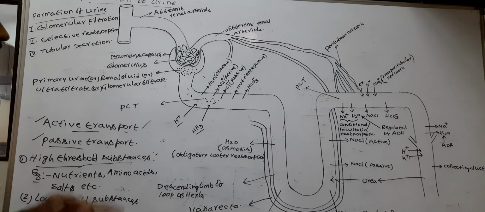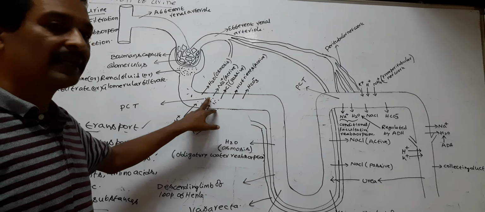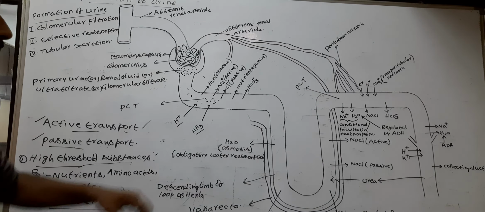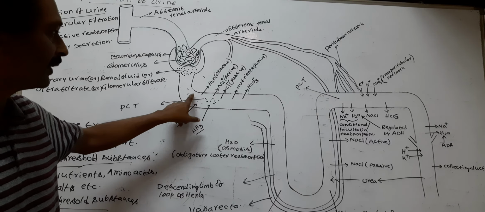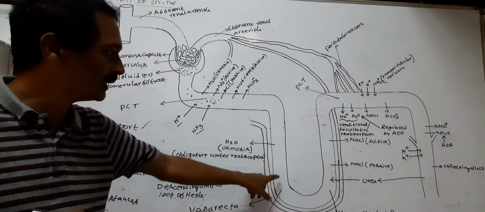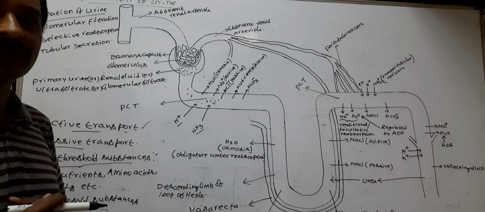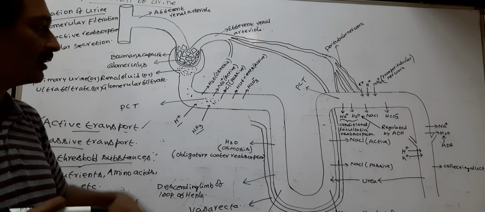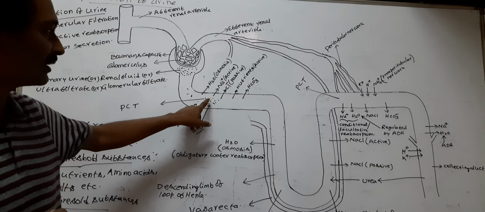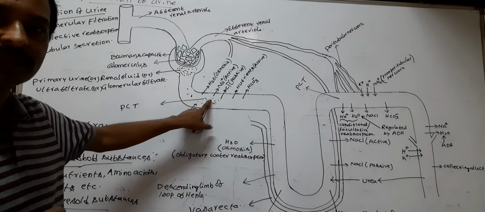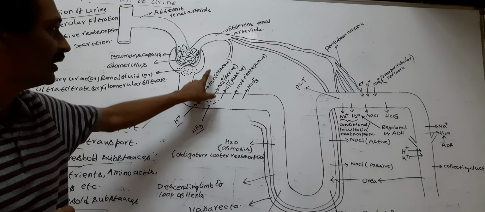So the large amount of the contents of primary urine is reabsorbed into blood while the primary urine travels through the different parts of the nephron. The reabsorption process occurs from primary urine of the nephron into blood.